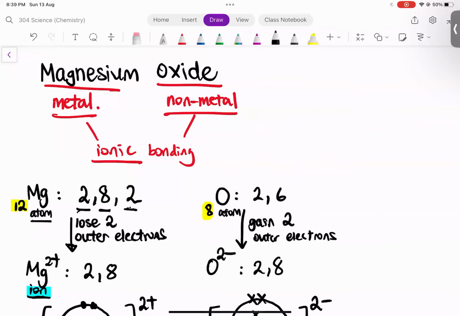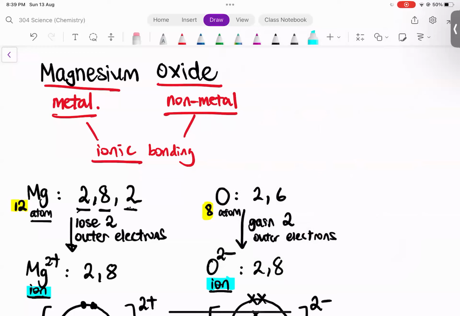The oxygen atom has 8 electrons, same as the number of protons. 8 electrons, 8 protons. However, 2, 6 is not stable. It has 6 outer electrons. It will gain 2 outer electrons, and this forms the oxide ion. So the oxide ion is not 2, 6. The oxide ion, after gaining the 2 outer electrons, becomes 2, 8.